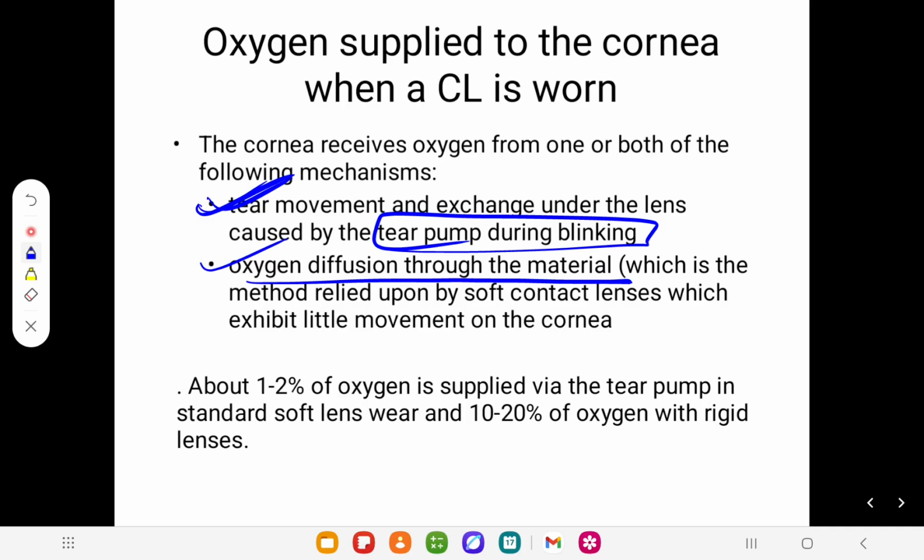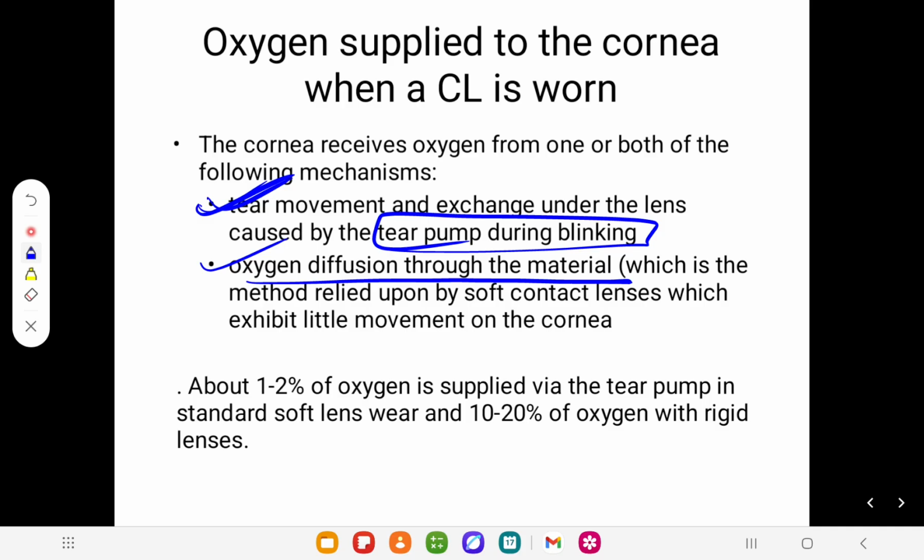So the tear pump mechanism is important, but it will never ever cover the complete need of oxygen. So we always want to depend on oxygen diffusion through the material.